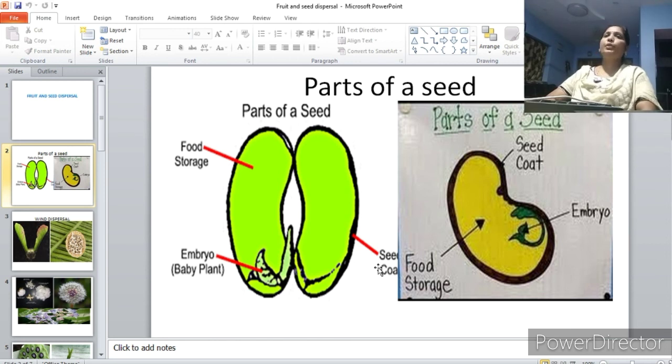So in today's class you learned about the parts of a seed, the differences between monocots and dicots, and the meaning of seed dispersal. You learned that the agents which help in seed dispersal are known as dispersing agents, like wind, water, animals and self-explosion. These are all known as dispersal agents.